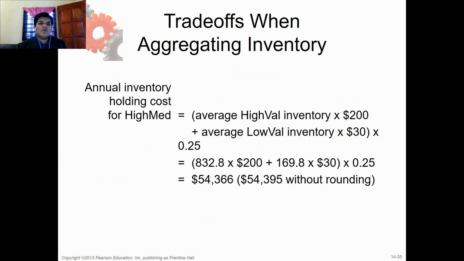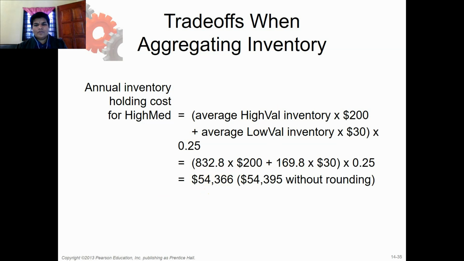So the annual inventory holding cost for IMAC, with the given formula, is calculated. The inventory holding cost will be 54,366.